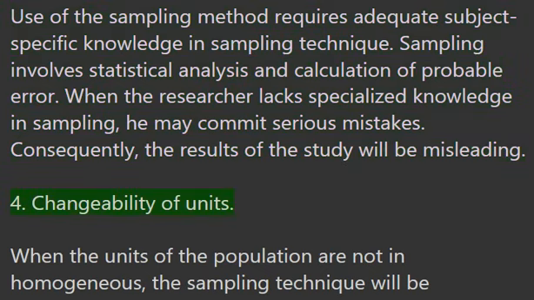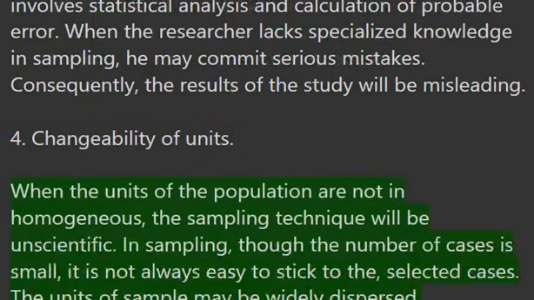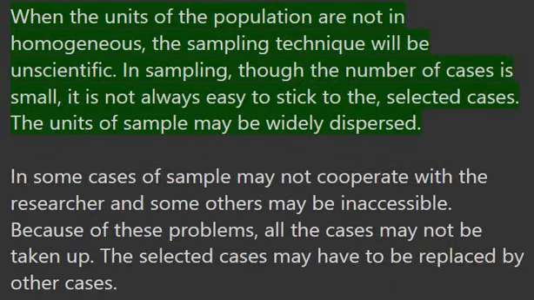4. Changeability of units. When the units of the population are not homogeneous, the sampling technique will be unscientific. In sampling, though the number of cases is small, it is not always easy to stick to the selected cases. The units of the sample may be widely dispersed.